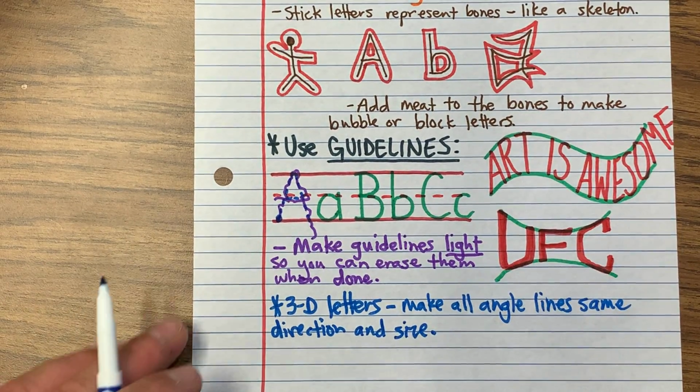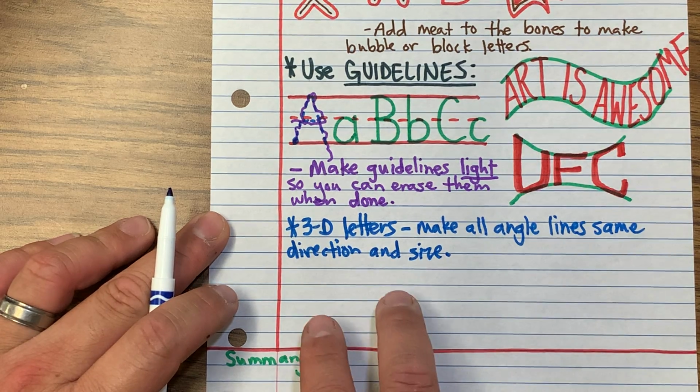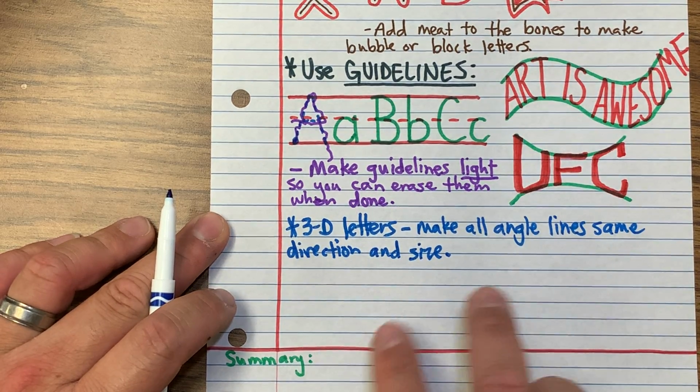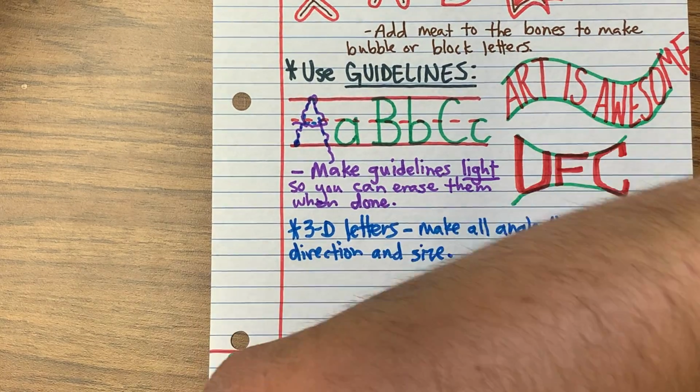All right. So I'm gonna write this down, and then I'm gonna let you guys take a couple of minutes. I need you to draw a couple of letters so I can show you what I mean by that. So I'm going to draw. I'm actually gonna sit down so I can draw this.